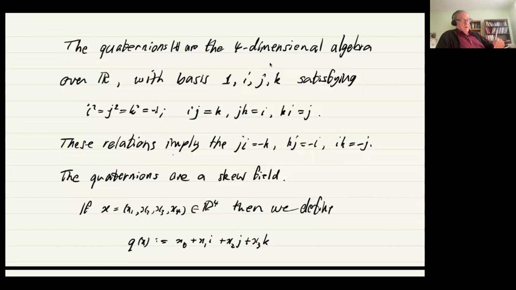Notice that I'm rotating i, j, and k cyclically, and I get those three things. Now, these relations imply that ji is equal to minus k and kj is equal to minus i. So if you change the order of two of the basis elements, you get a minus sign. For example, ik is equal to minus j. That's a consequence of those relations.